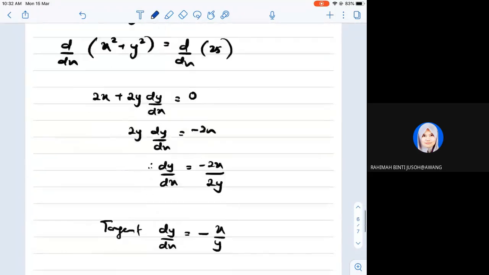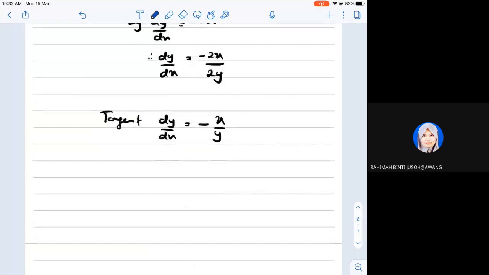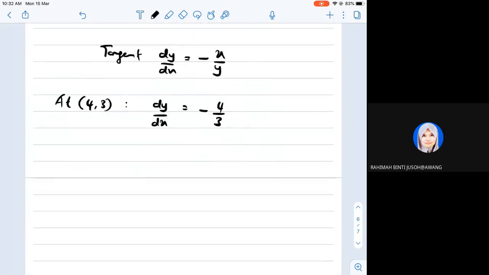So at 4, 3, kita nak cari parallel vector sekarang ni. Okay, so at 4, 3, we will have dy over dx equals to negative 4 over 3. Okay, so now the parallel vector like this. Give your full attention here.